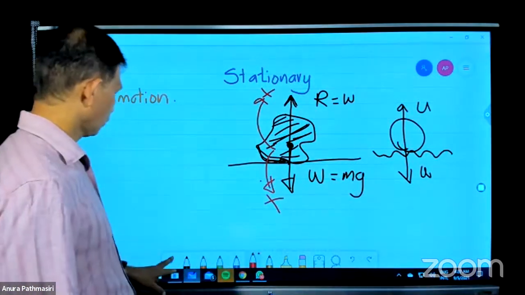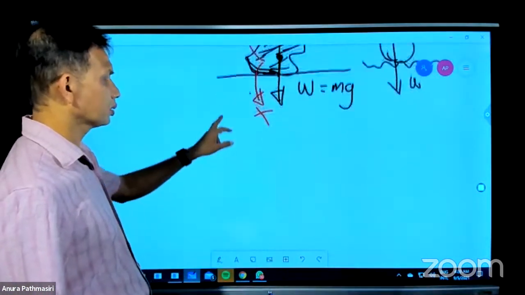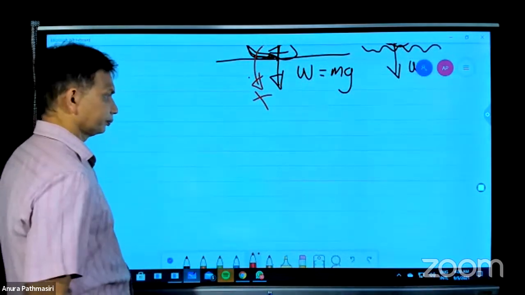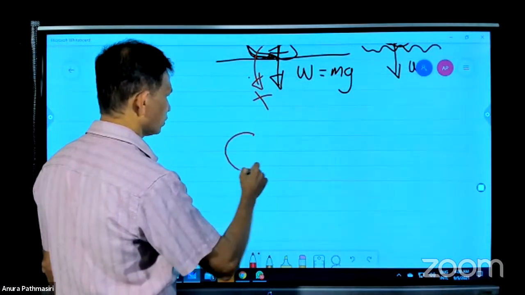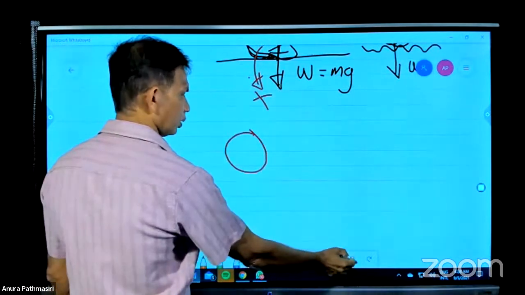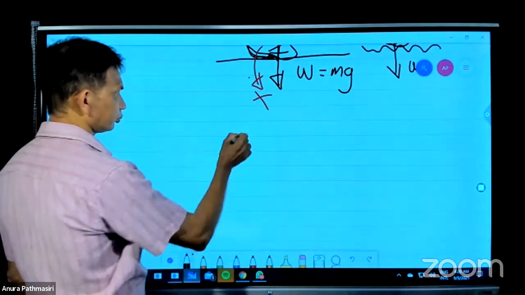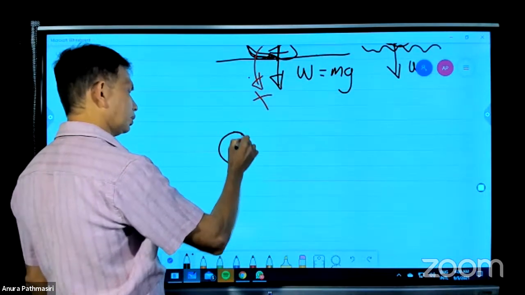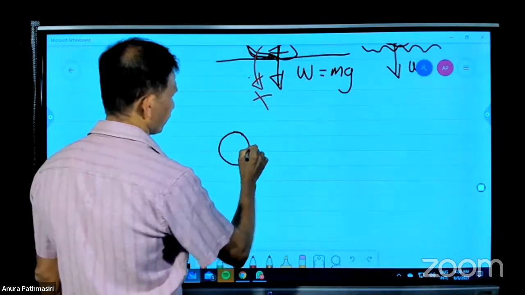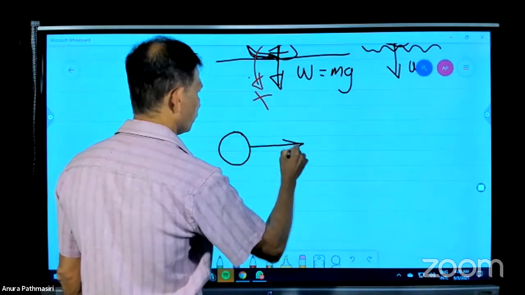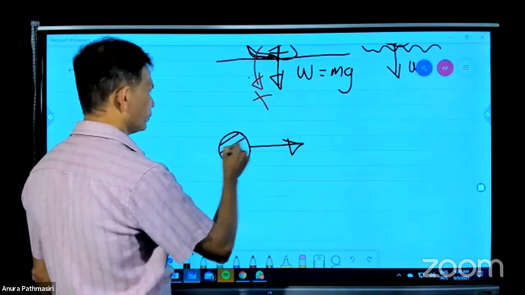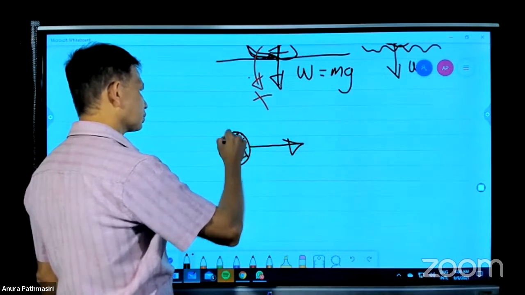Second, when an object is in motion, this object is in motion.